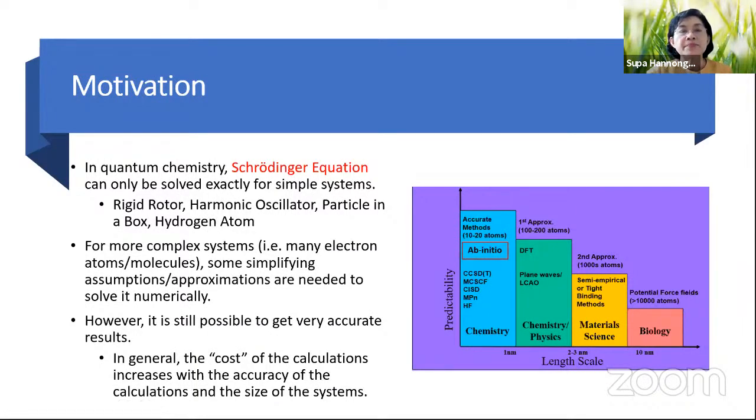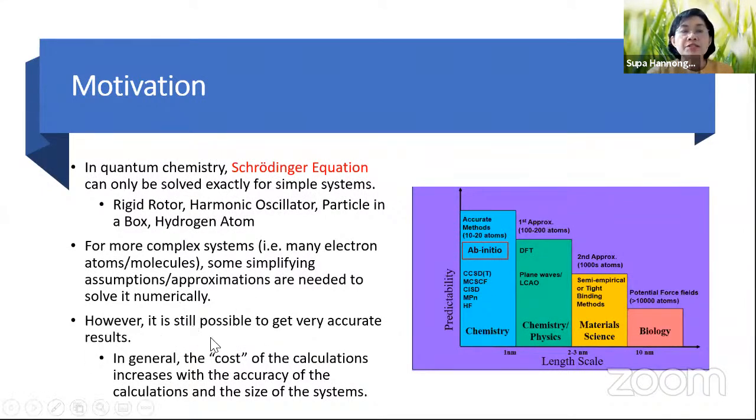After the system contains at least two electrons in the atom, we need some kind of approximation, especially for more complex systems, like many-electron atoms or molecules. Some simplifications, assumptions and approximations are needed to solve it numerically.